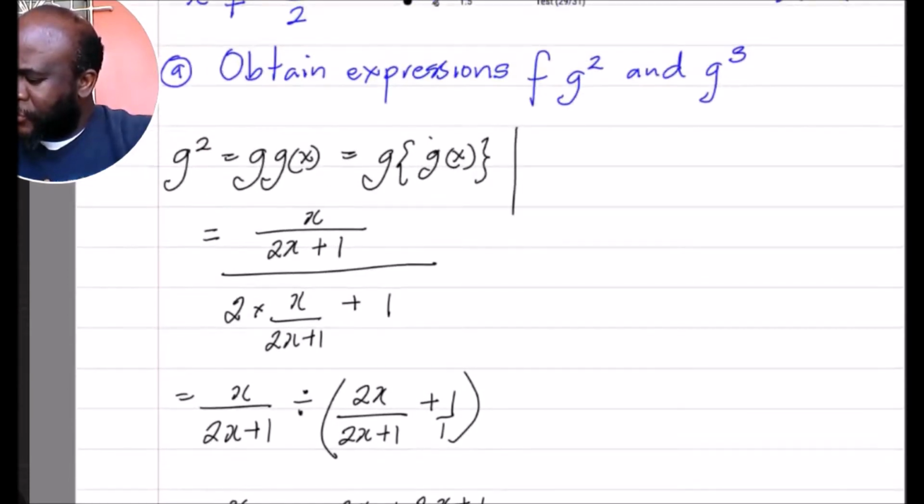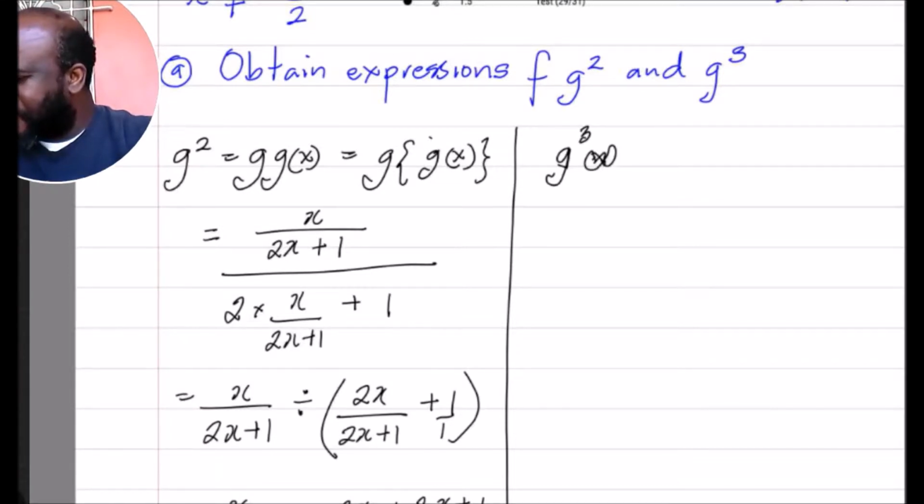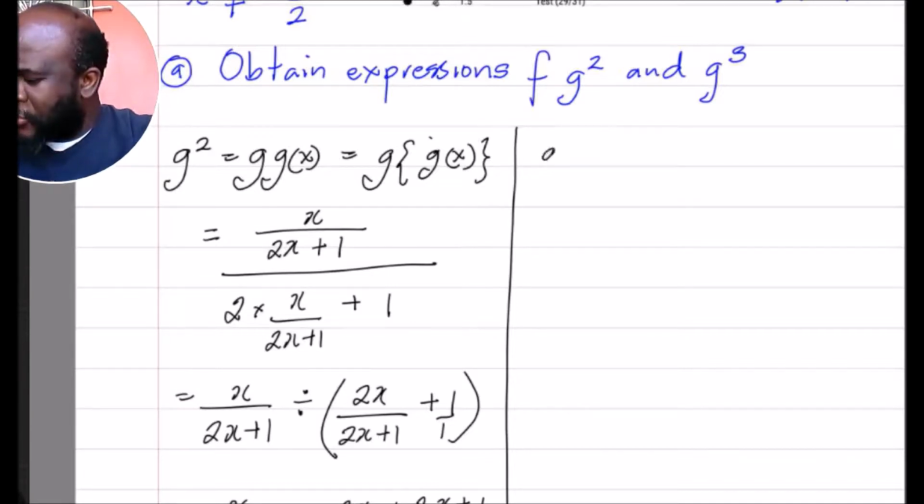So g cube of x. In g, wherever I see x, I'm going to take out x and put g squared. So that would be x, take out the first x and put g squared, which is x over 4x plus 1.